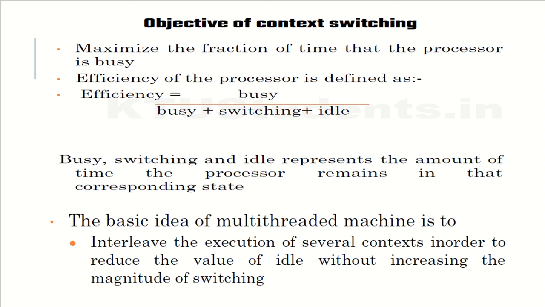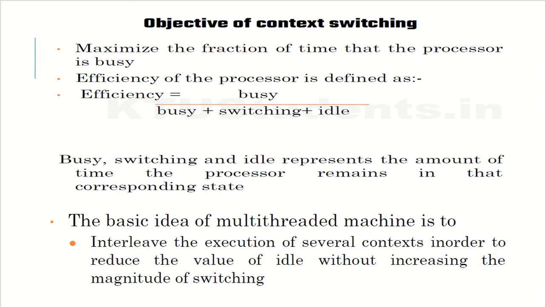You can take the efficiency as the number of cycles the processor is actually busy divided by the total number of cycles taken for execution, which may have busy cycles required for switching the context, as well as the cycles which were kept idle. So that is the total number of cycles, and this fraction will give you the efficiency of the multiple context processor.